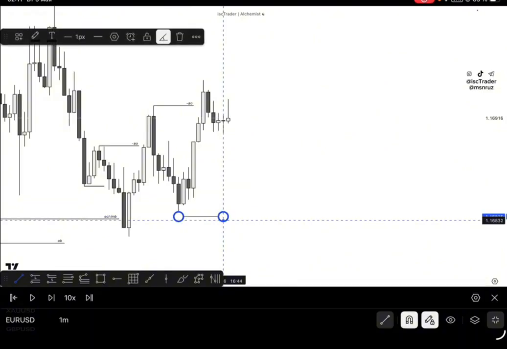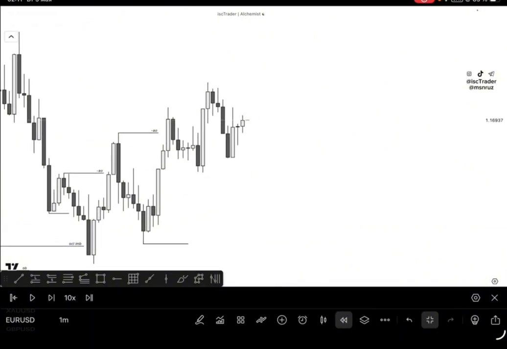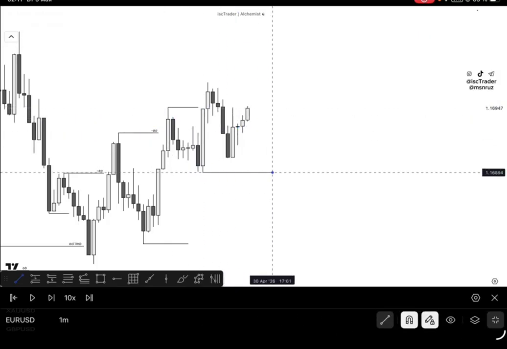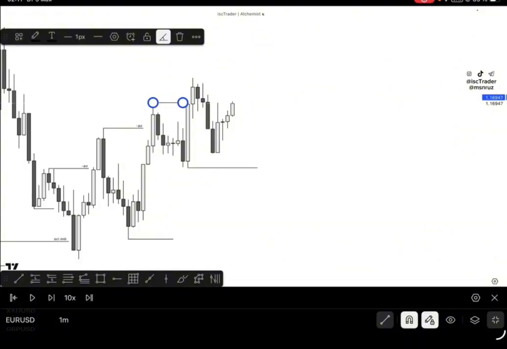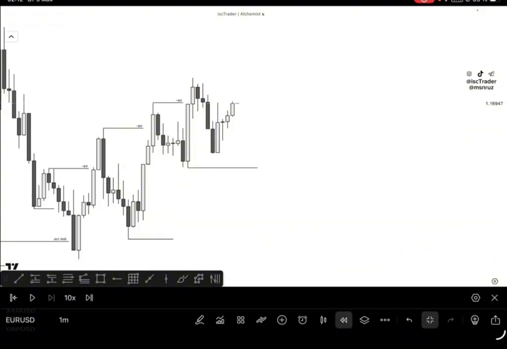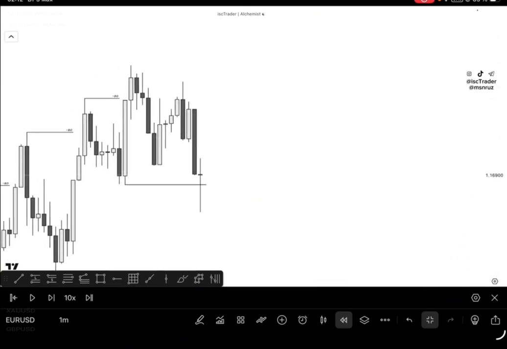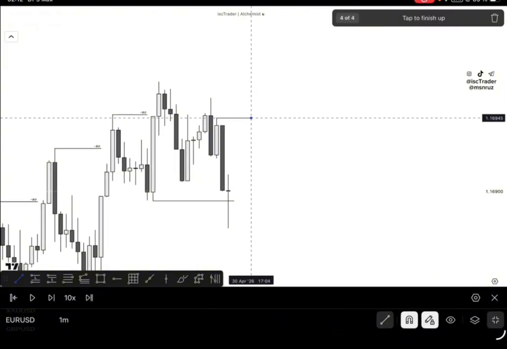An inducement. Third breakout. An inducement. The price has swept the inducement. Now we need to wait for a breakout.